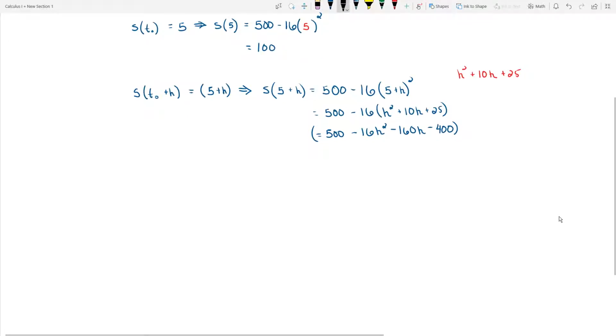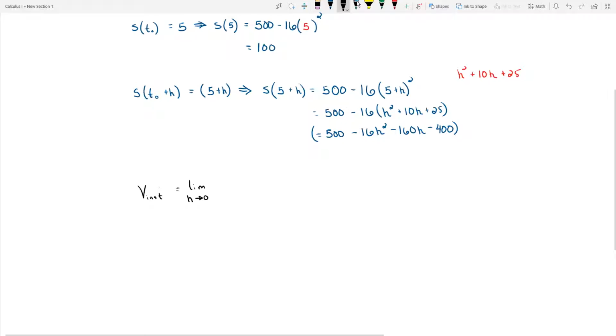So the next step then is just to go ahead and create your limit functions. We're going to have the instantaneous velocity, and that's going to be equal to the limit as h approaches 0.